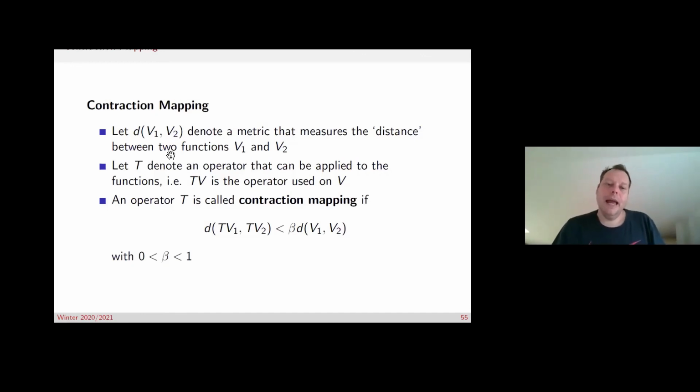Okay, and now we have an operator t, so we do something with those functions. And then we look how the distance between those 2 functions evolves. So we look at the distance between the 2 original functions, v1 and v2, and we apply the operator.